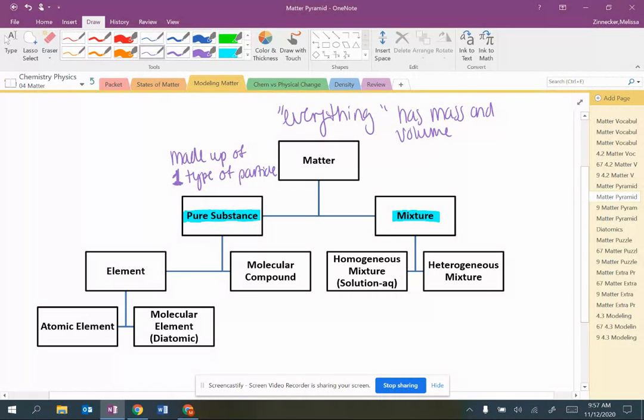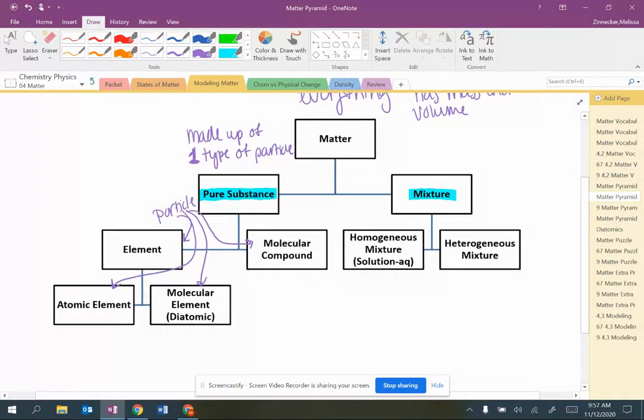And that type of particle could be an element, it could be a compound, okay, or even further, an atomic element or a diatomic element.